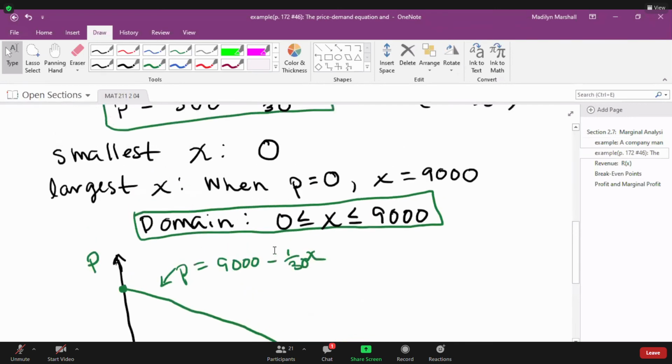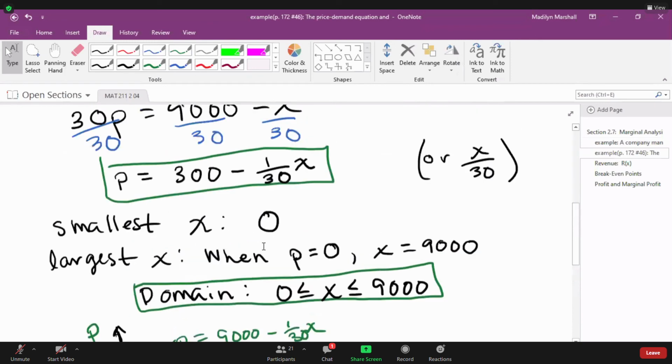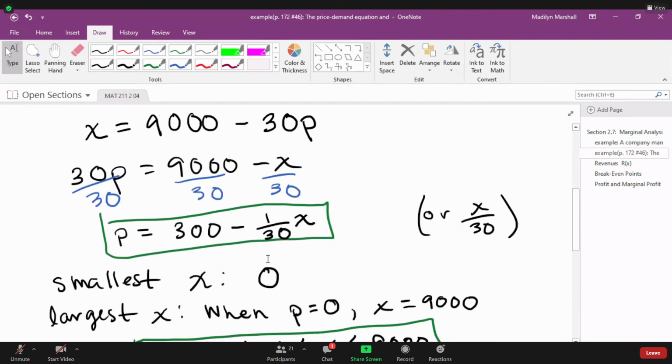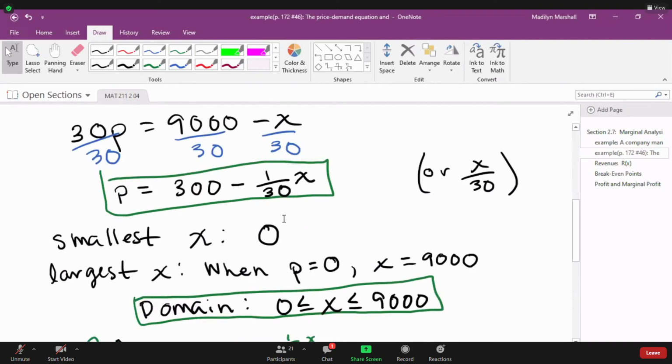So the very smallest x is going to be 0. That's the fewest things we can sell. This is the smallest it can be. So our domain of a price demand equation will always come from x being 0 and p being 0. Because those are the two extreme situations that we could see.